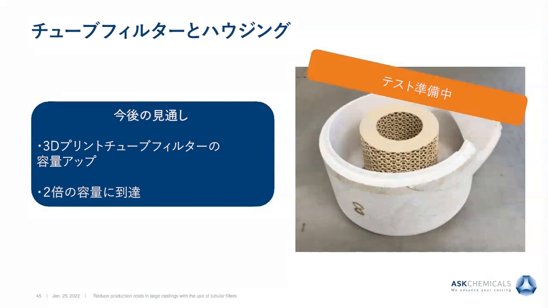And when we reach the same results as with our other printed filters, we are able to double the capacities at least. That means, in this case, for a 150 tall tube filter, a capacity in steel of around 4,000 kilograms, or even 4 tons for a 150 tall filter.